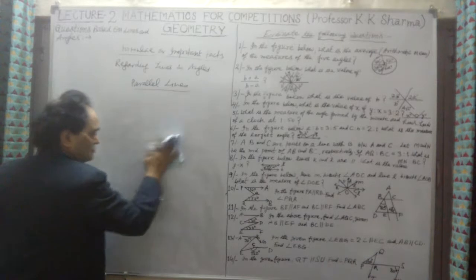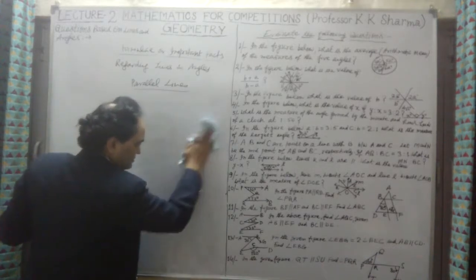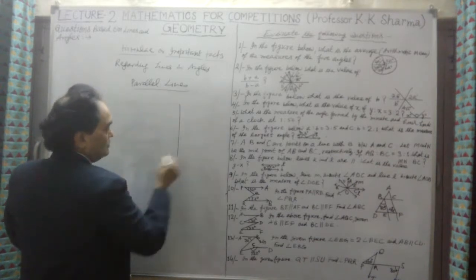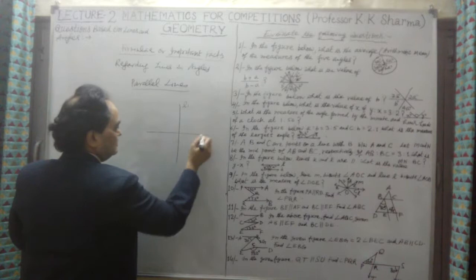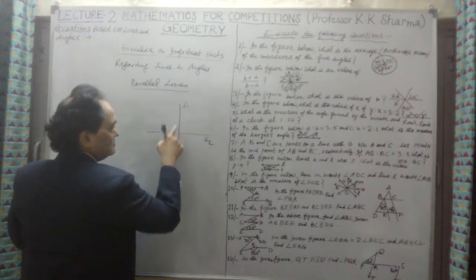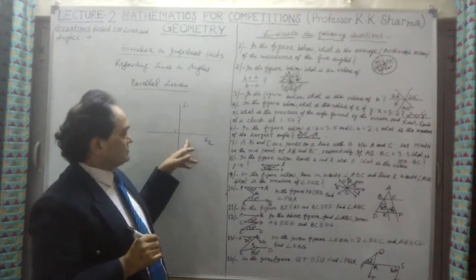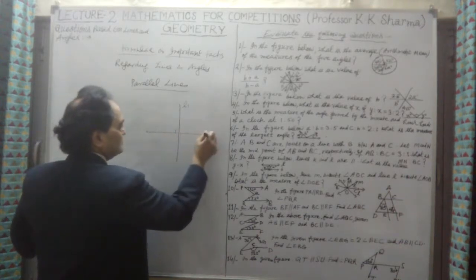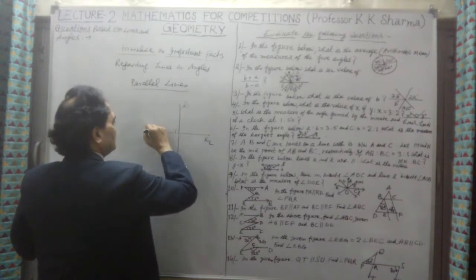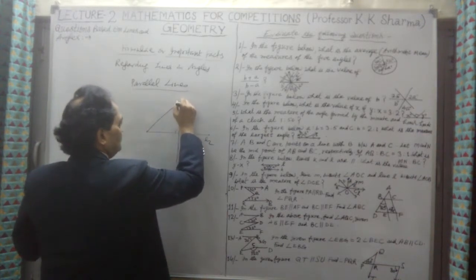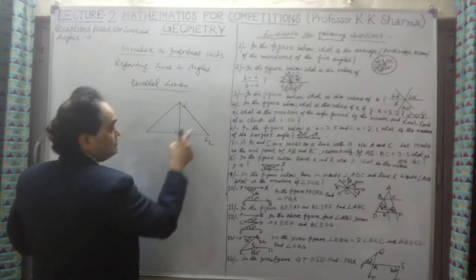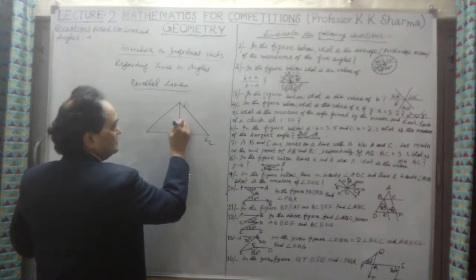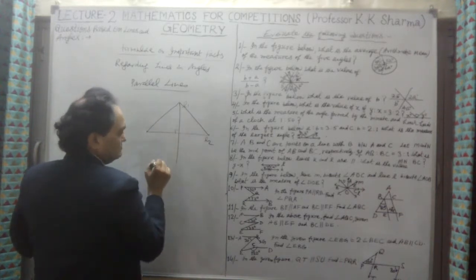There is one other possibility about lines. Suppose this is line L1 and this is line L2, and this line is the perpendicular bisector of line L2. Every point lying on this perpendicular bisector is equidistant.